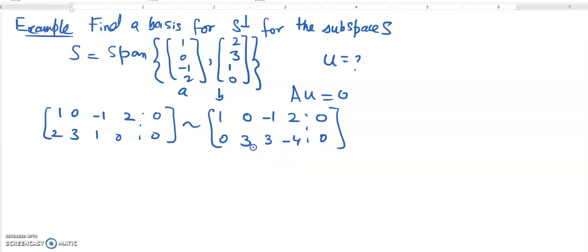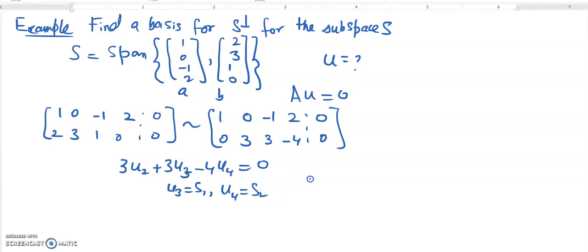So from the second equation, if we take the components as u1, u2, u3, u4, it will be 3 u2 plus 3 u3 minus 4 u4 is equal to 0. So we take u3 equal to s1 and u4 equal to s2 as the free parameters.